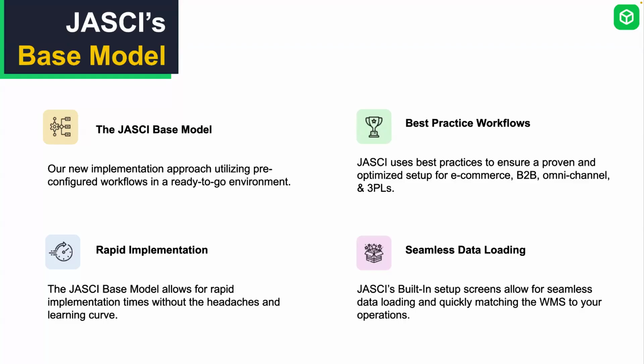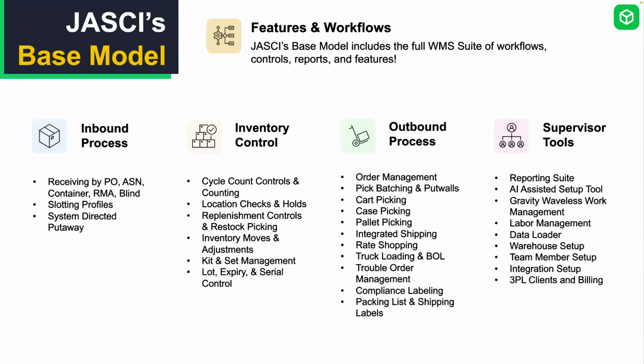And to talk a little bit more about everything that's included, because you might be thinking, well, if it's such a quick implementation, then what are we sacrificing? What are we compromising? And it's a fair question. With the base model of JASCI, what we're doing is we're taking all of our most commonly used and best practice features and workflows, and we're putting them in a box for you.